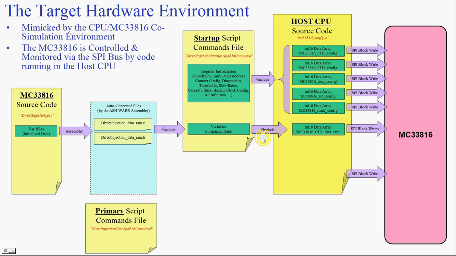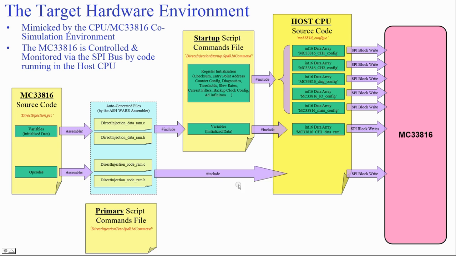If the second MC33816 channel were used in this demo, there would be a second int16 data array and SPI block write. Next are the opcodes from the MC33816 source code. The assembler generates another 2 auto-generated files ending in code_ram.h and .c.